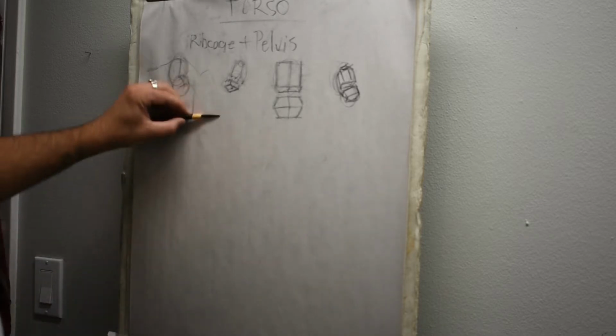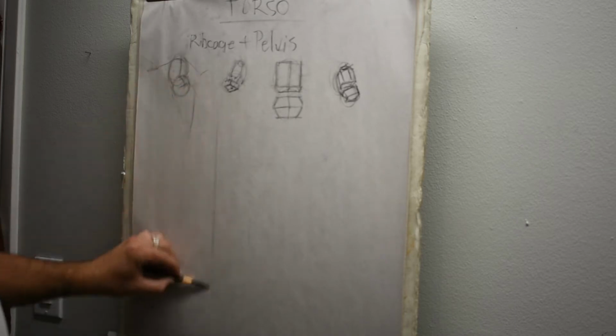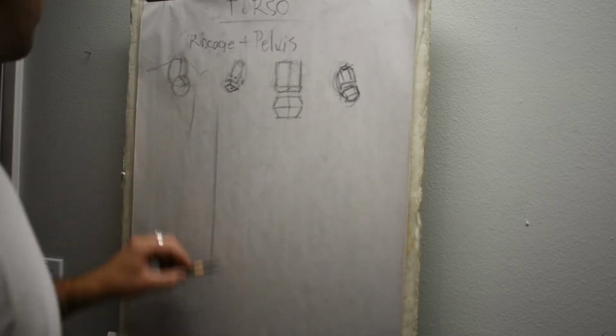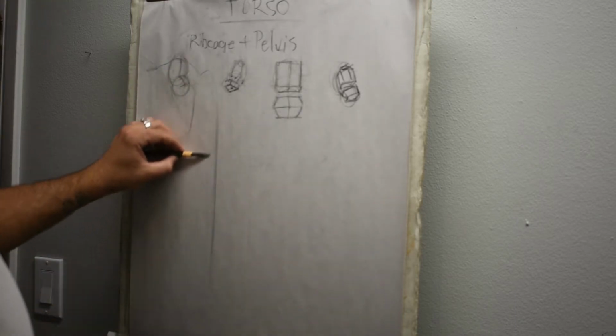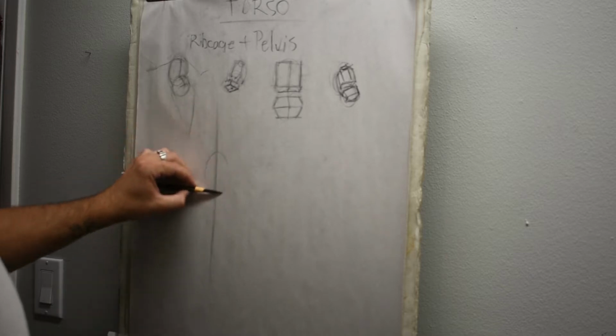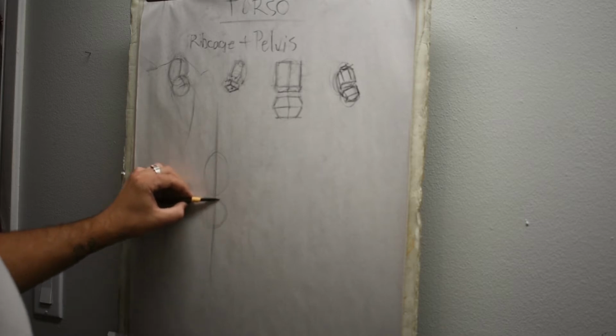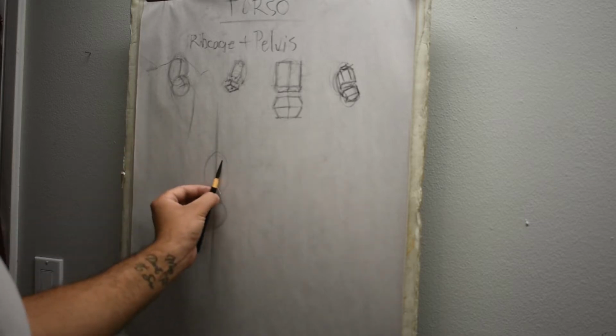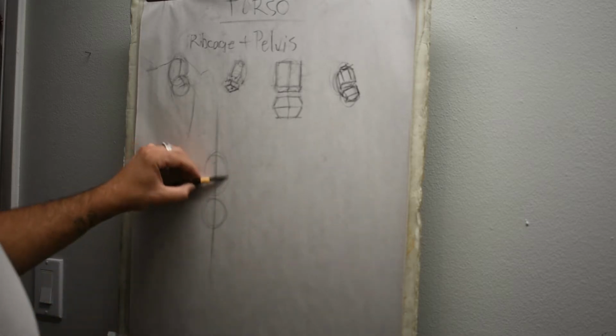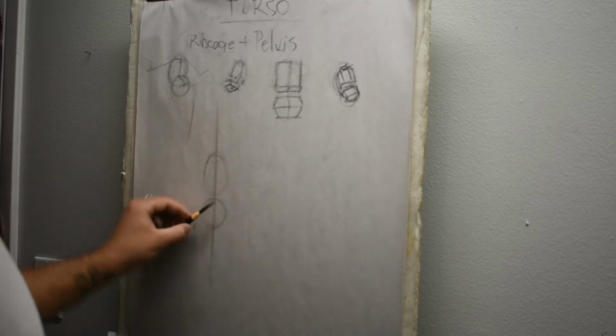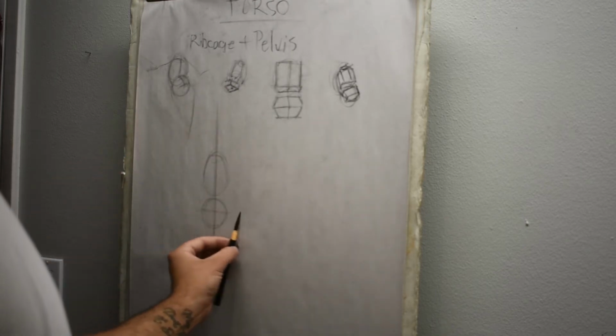If we're looking at a figure in an anatomical position, this is our basic front-on view of our ribcage pelvis relationship.